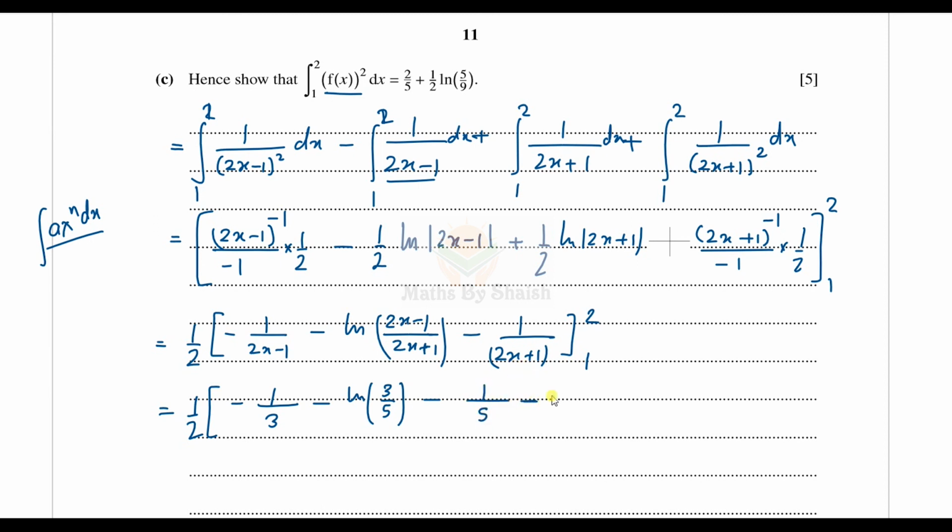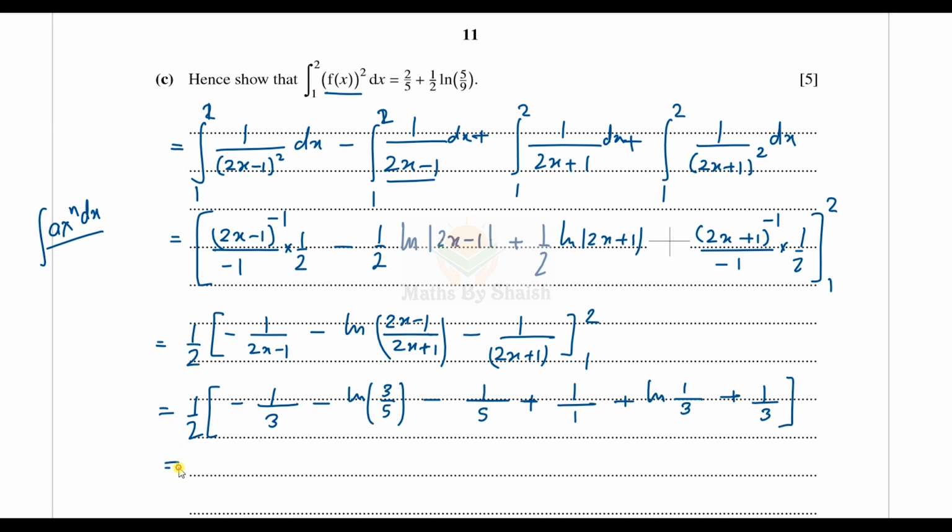And now subtract the lower limit, that is 1, so minus minus plus 1 over (2 times 1 is 2, minus 1) 1, minus minus plus, so it is ln of (2 times 1, 2 minus 1) 1 over (2 times 1, 2 plus 1) 3, and the last is plus 1 over (2 plus 1) 3.